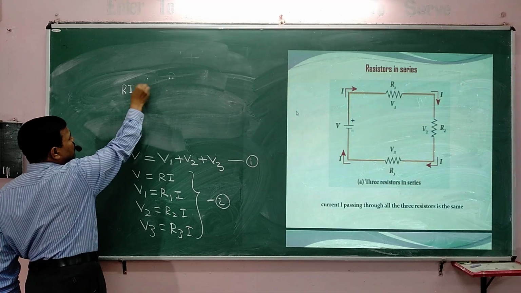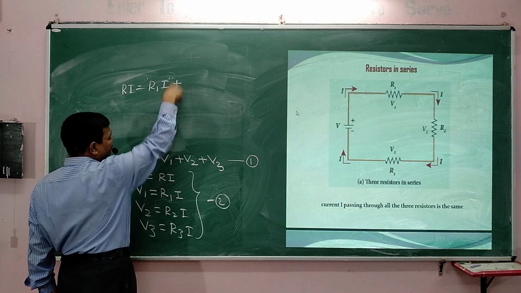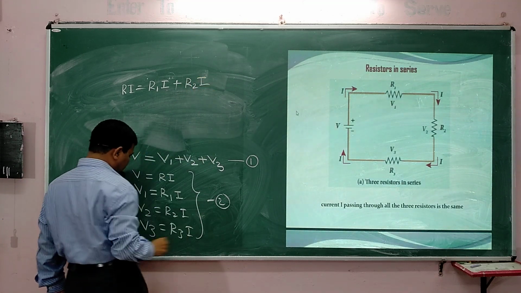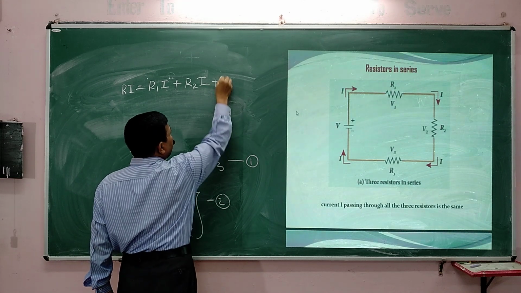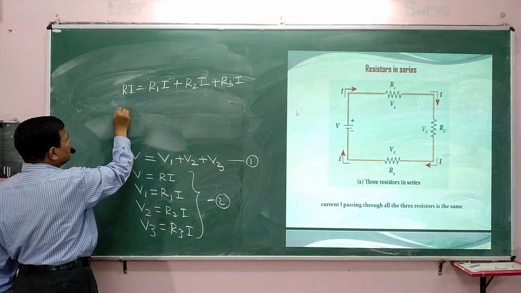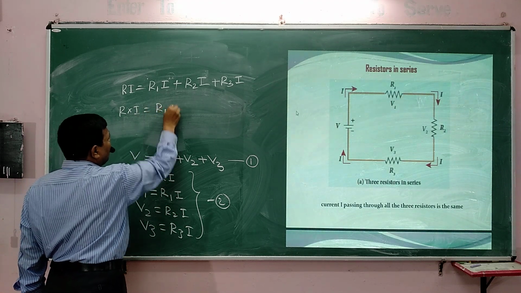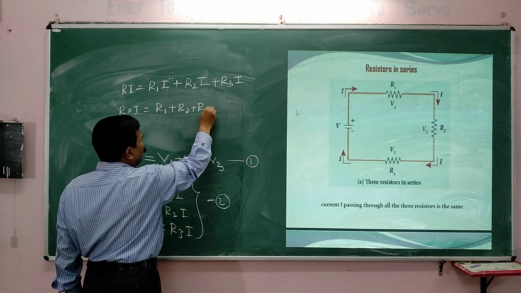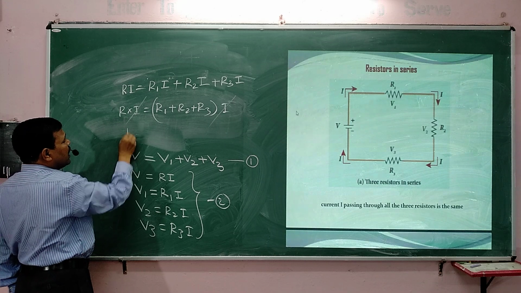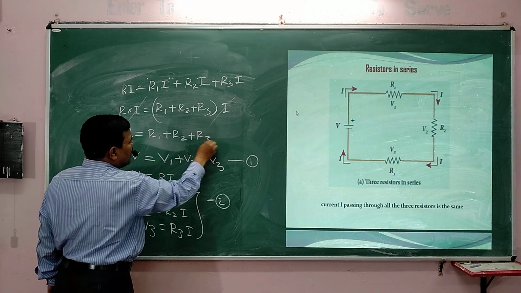So Ri is equal to V1, which is R1I, plus V2, which is R2I, plus V3, which is R3I. I you take common and cancel it. I cancels. So we get R is equal to R1 plus R2 plus R3.